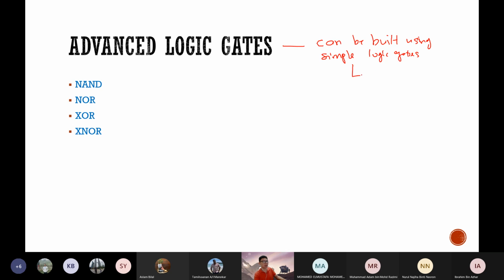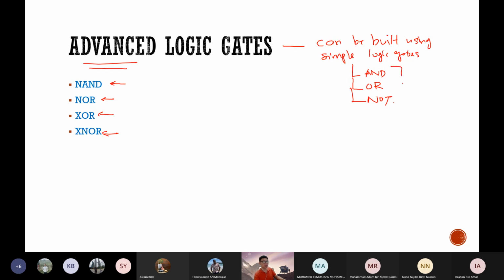These simple logic gates are the AND gate, OR gate, and NOT gate. Using a combination of these three, we can build any one of these advanced logic gates. So that's why these are known as advanced logic gates.